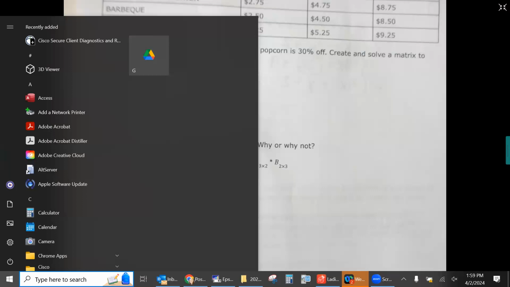Perfecto. Very good. So then for this one, can you multiply that? You didn't even have to do it. But if it was a 3 by 2 or 2 by 3, can you multiply it?